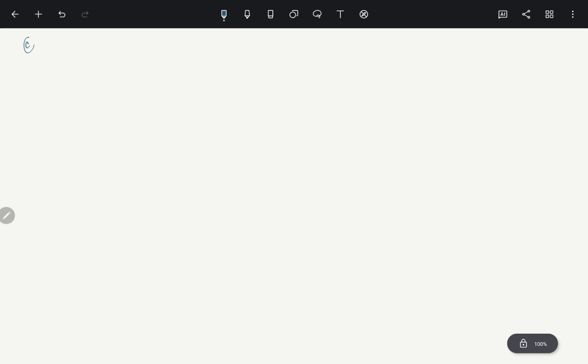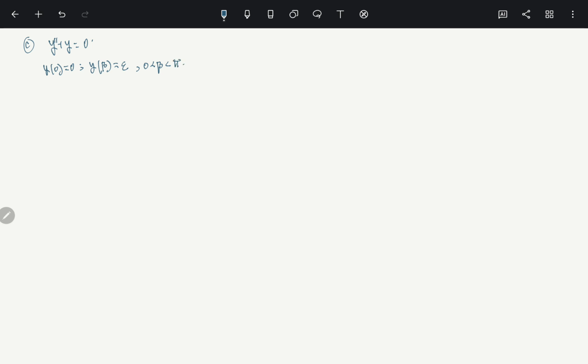And again, let's put this data down: y double prime plus y equals 0. And the second data which we want to prove is y of 0 equals 0, and y at the point beta equals epsilon, where 0 is less than beta less than pi.